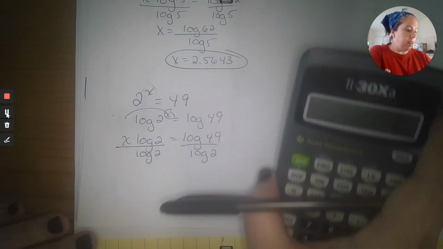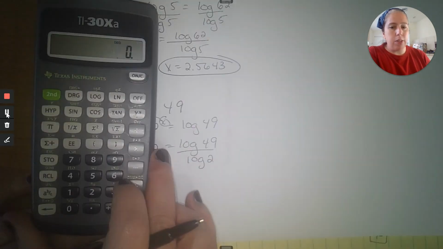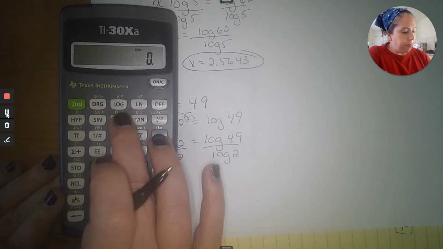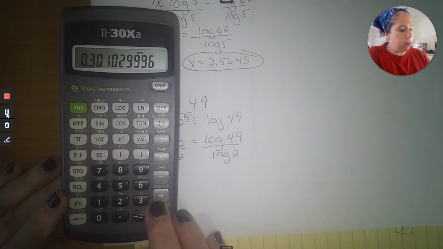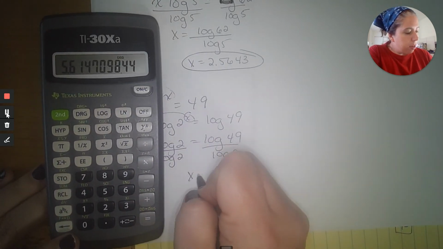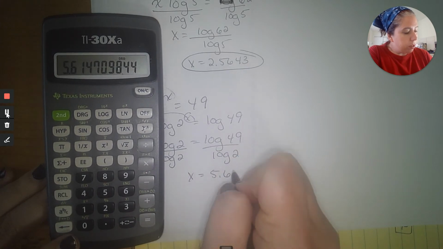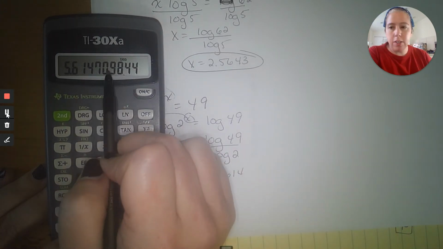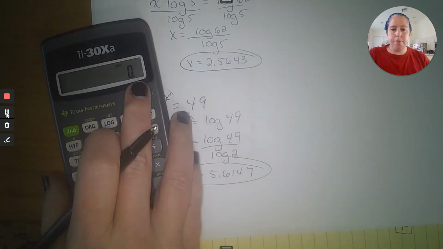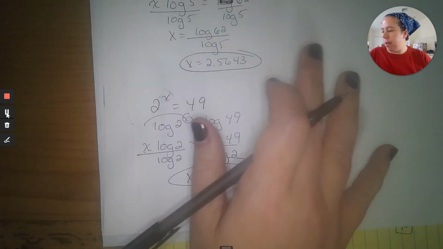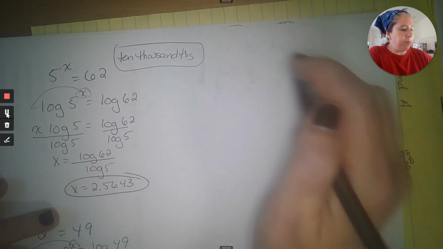And again, if you're using the other calculator, close your parentheses, okay? So we got 49 log divided by 2 log equals x equals 5.614. Behind the 7 is a 0, so it's going to stay. All right, pretty easy.